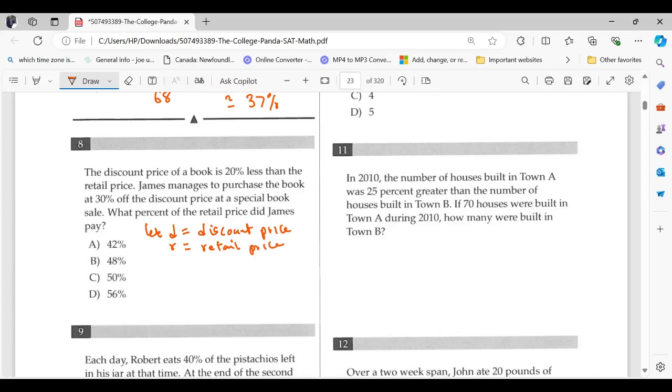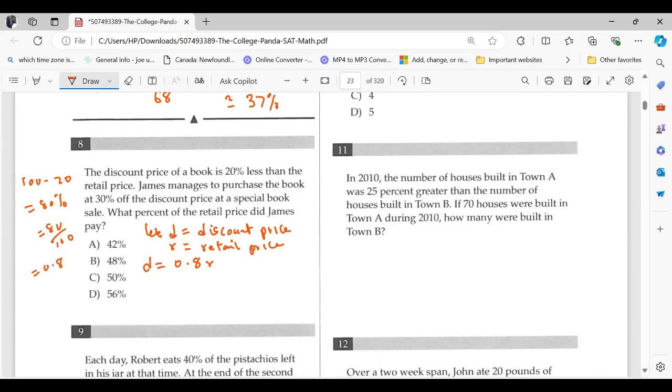So the discount price of a book is 20% less than the retail price. So the discount is smaller, it is 20% less. So our multiplier is 0.8. Of course, 20% less, so you subtract that from 100. We are left with 80%, which is 80 over 100. And that gives us 0.8, which is the multiplier here.